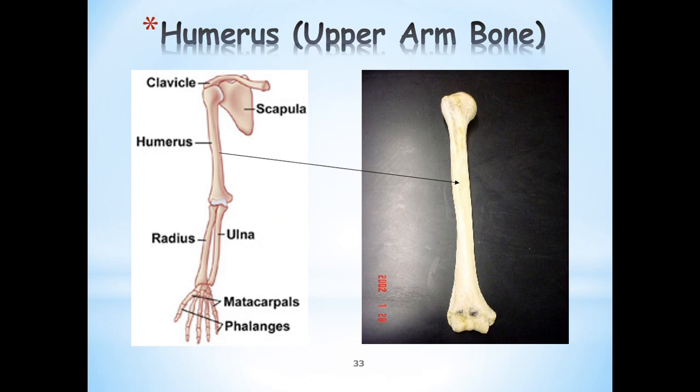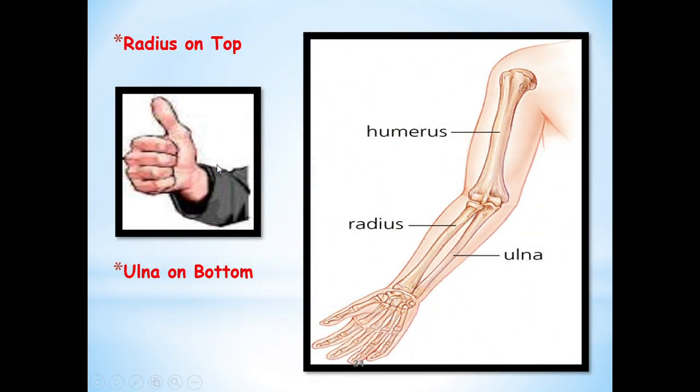So another is the humerus. This is the bone in your upper arm. Mag-isa lang siya. The humerus, this is the upper arm bone. And then, on your lower arm, we have two bones here. We have the radius and the ulna.